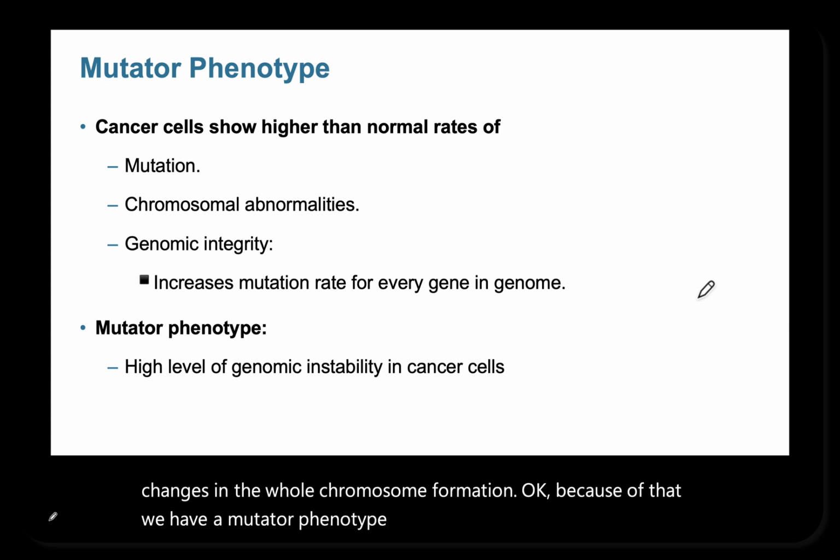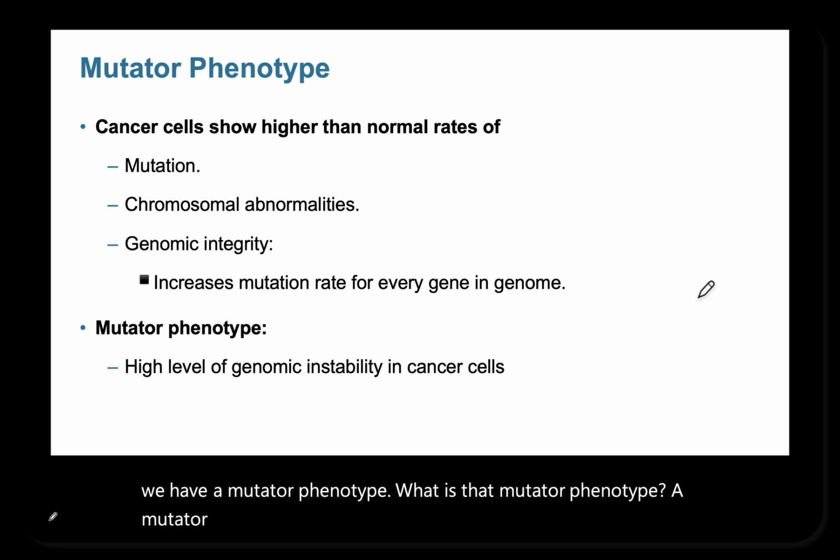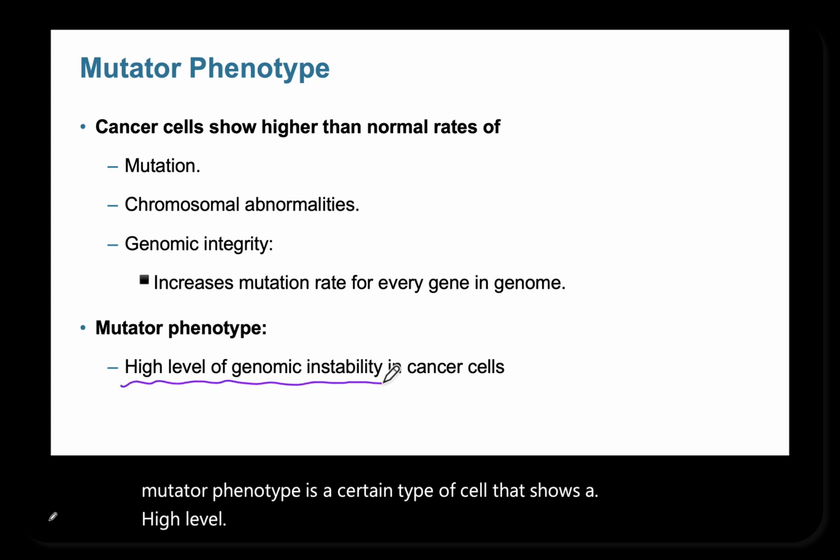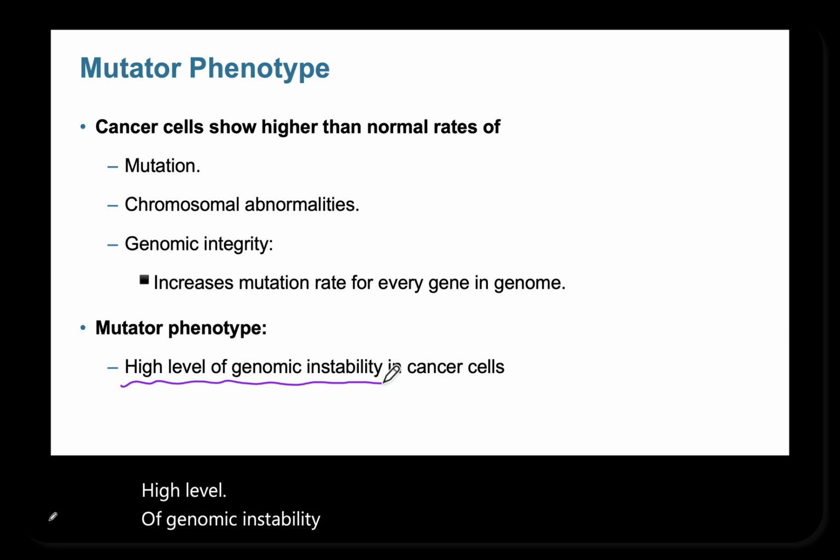What is that mutator phenotype? A mutator phenotype is a certain type of cell that shows a high level of genomic instability. Usually, those cells are cancer cells.